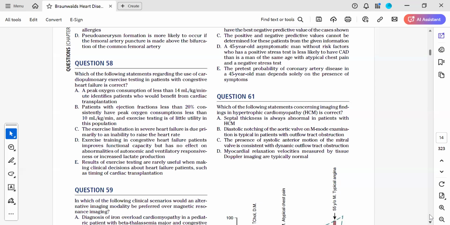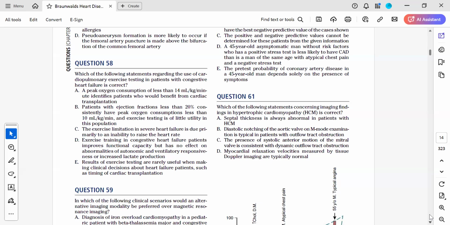A patient at this level of impairment, less than 14 mL per kg per minute, develops a profound exercise limitation, with maximal exercise capacity being required for activities like walking, playing golf, or raking leaves.